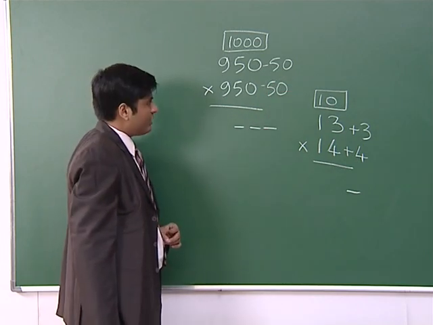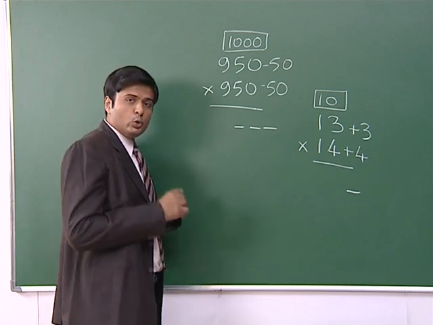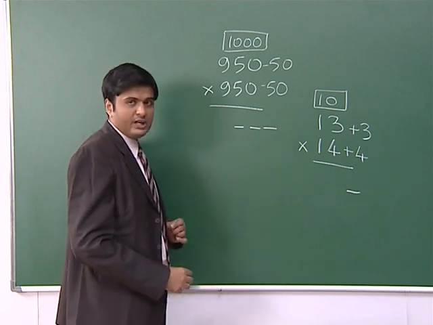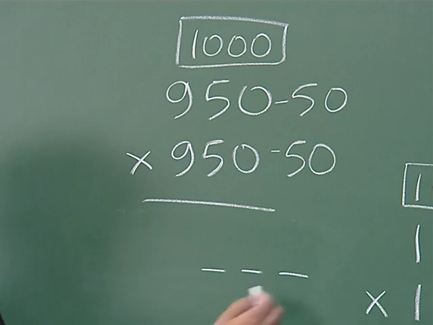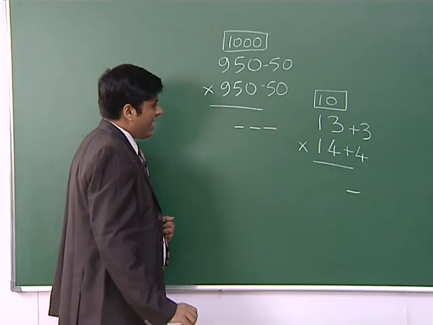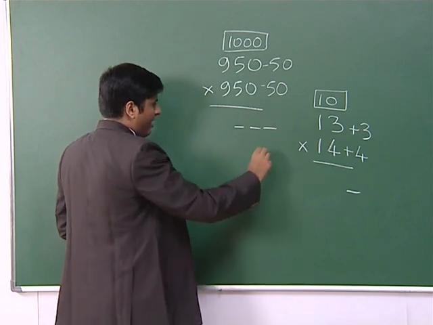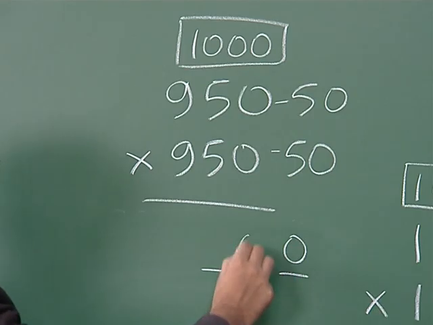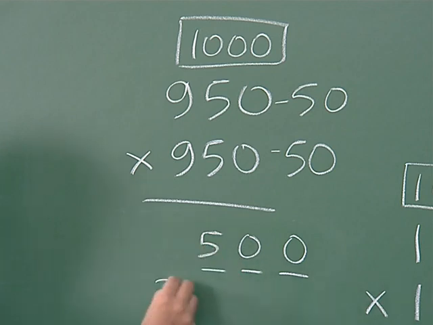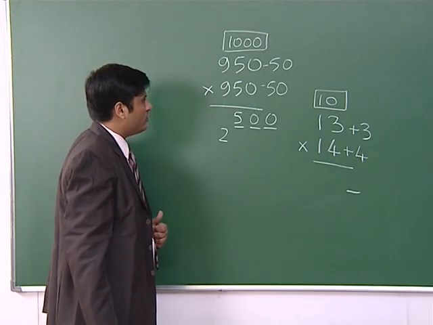So 50 times 50 is 2500. Now 2500 is a 4-digit number, but I just have 3 spaces over here. What do we do? Very simple. Start writing the number. I have to write 2500. So I write 0, 0, 5 and I carry over 2 as a carryover.